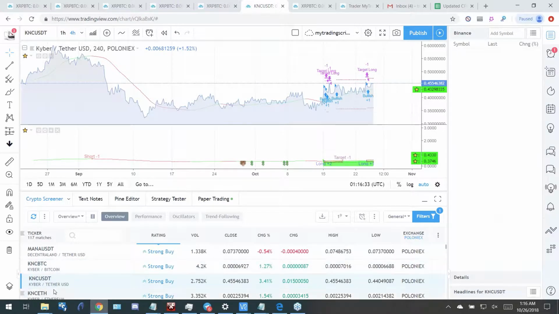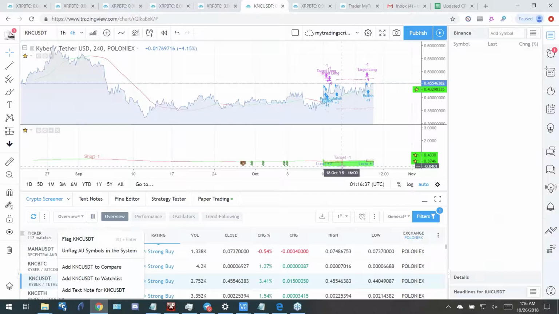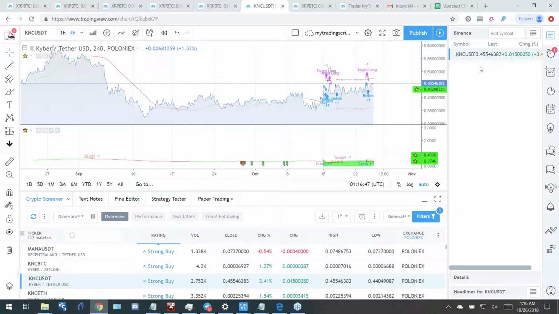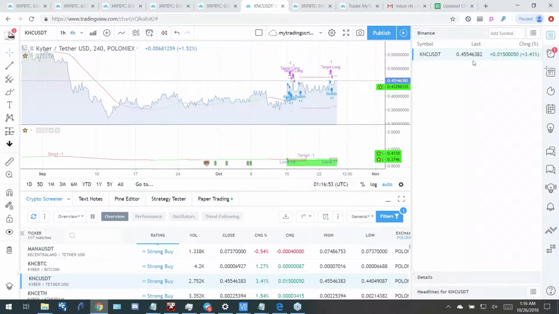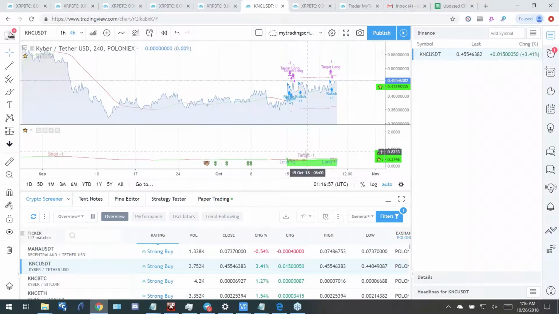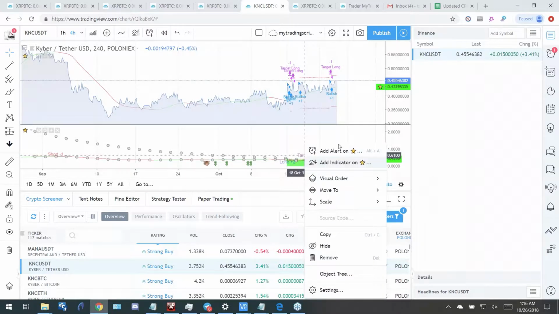If you started with the robot today, you're going to be on this 4 hour here, but it doesn't mean that you couldn't go back over to here and take this symbol. I don't even know what market this is, but it's in the green. And that's all I need to know really to play this game, is that if it's in the green, it's going up. Add to watch list.